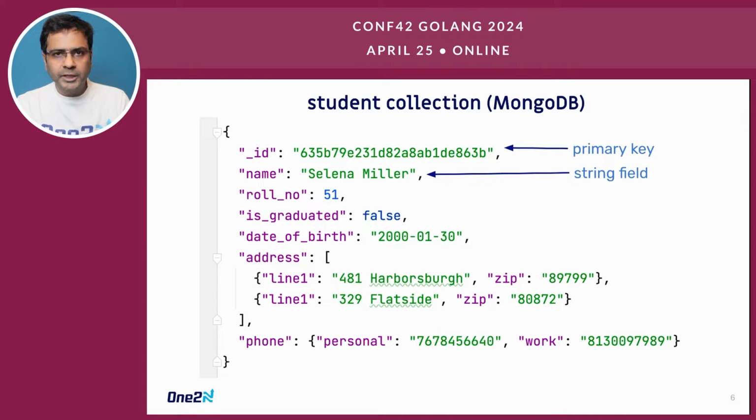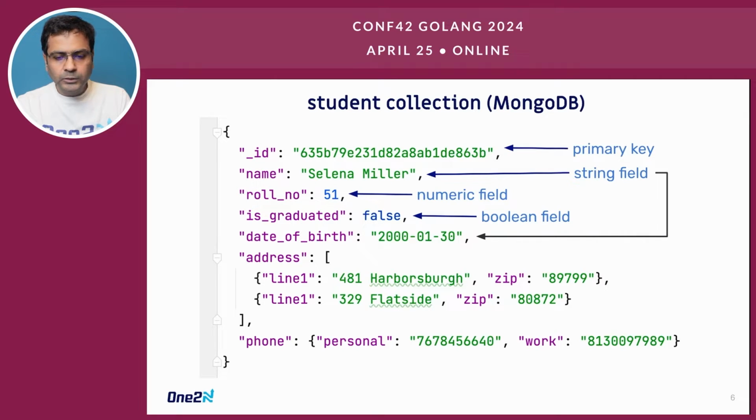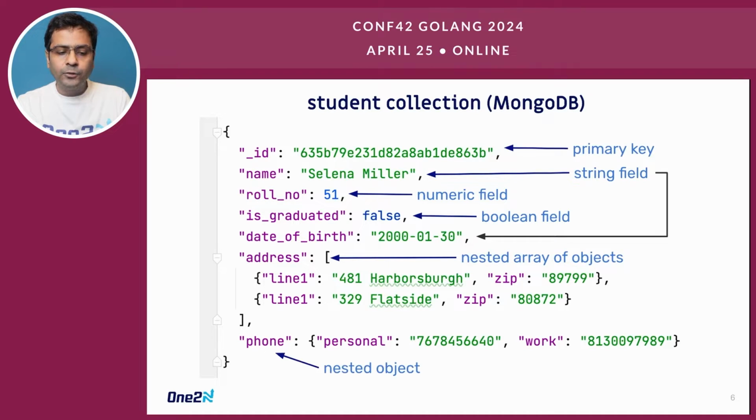There is name, which is a string field. You've got roll number, which is a numeric field. There is a Boolean field for is graduated. And this is also another string field. And in Mongo, you can have nested documents. So you have address as a nested array of objects, and you have a nested object, which is phone number. How does that data get translated into Postgres?